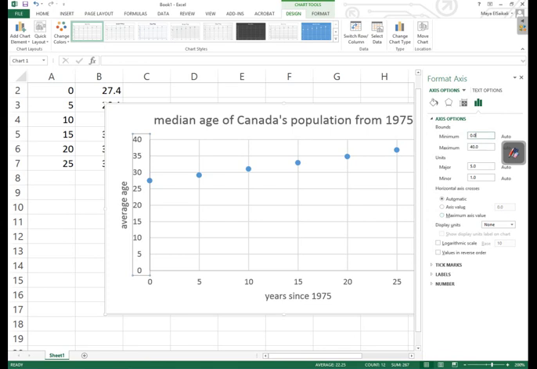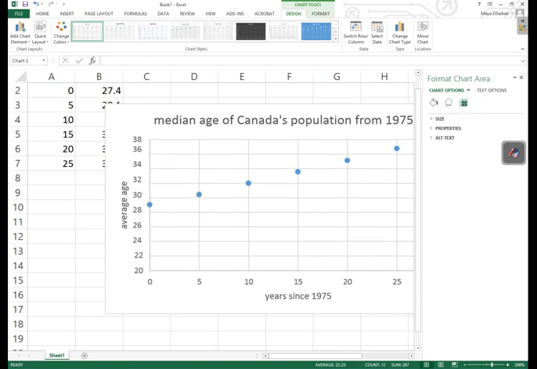We started at 27, right? So you can say a minimum of 20. This is not mandatory, but it just makes your graph look better. So instead of all the points being high up, I have a better distribution for my graph.